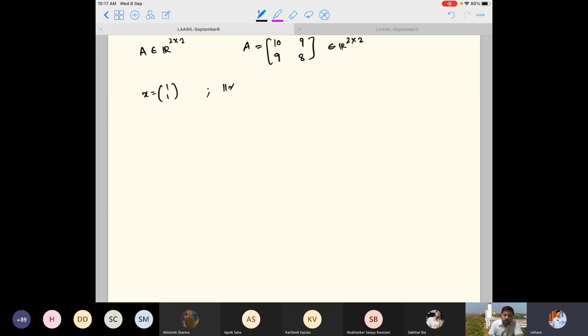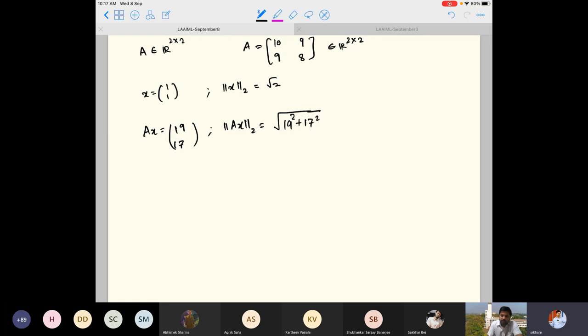What is the 2 norm of x? And you look at Ax. So what do you get as Ax? 19 and 17. So what is the 2 norm of Ax? This I have not calculated, so I will need your help.